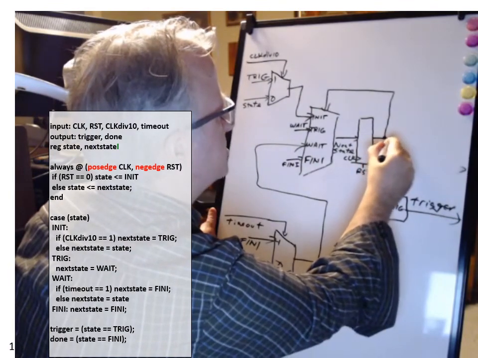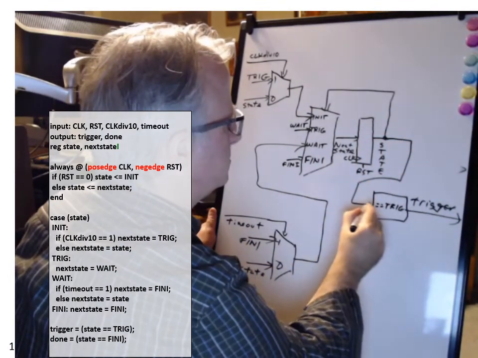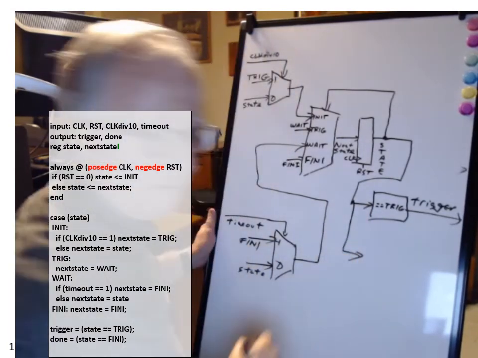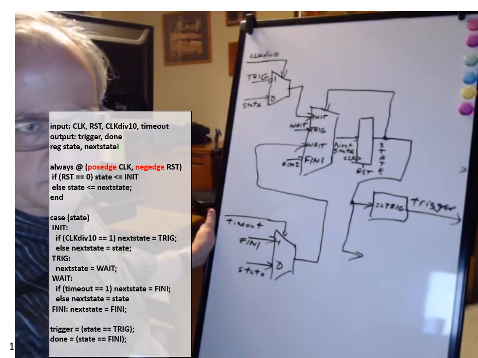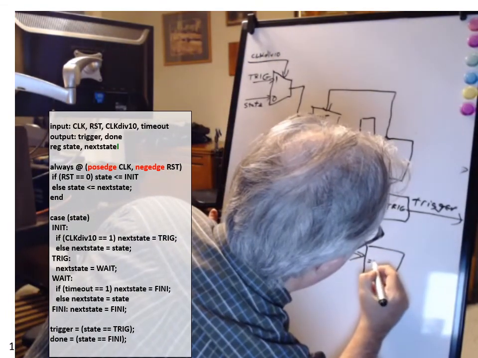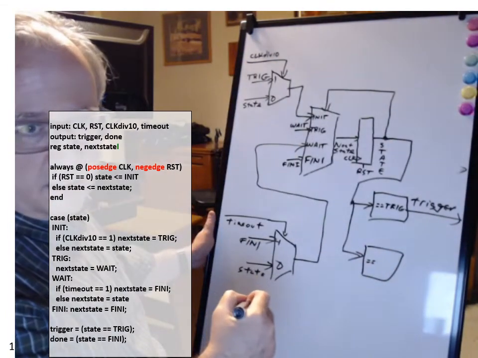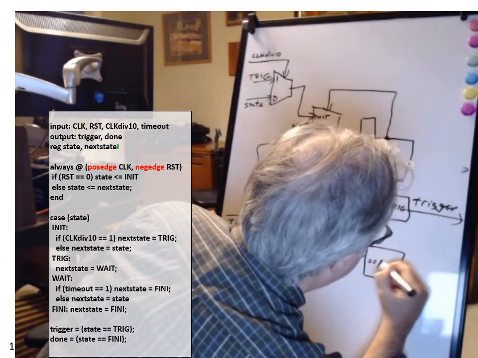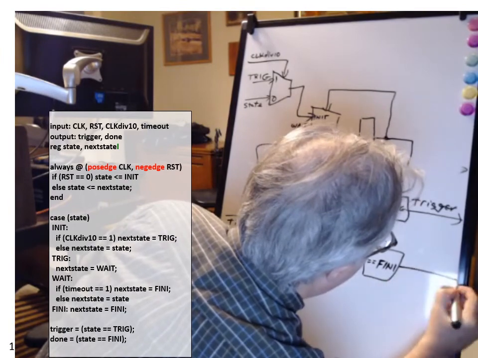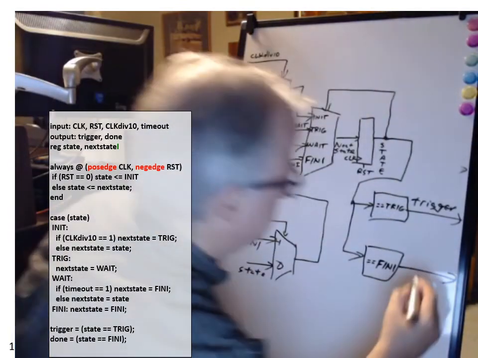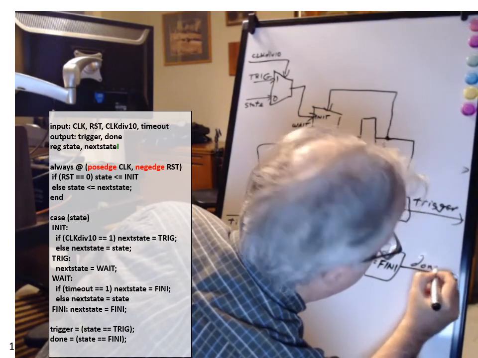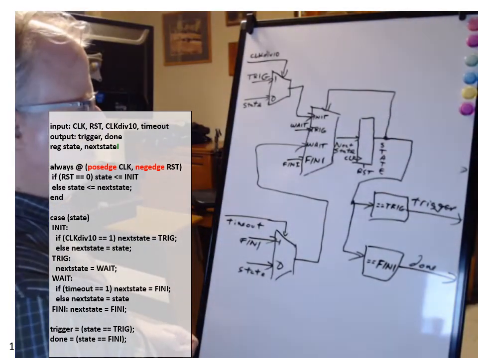So the state signal is going to go there, and for the done signal, equal fini. And if that's true, then done is asserted.